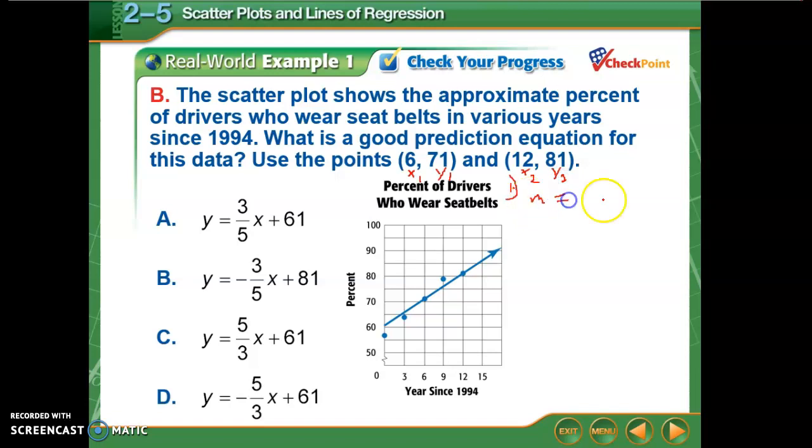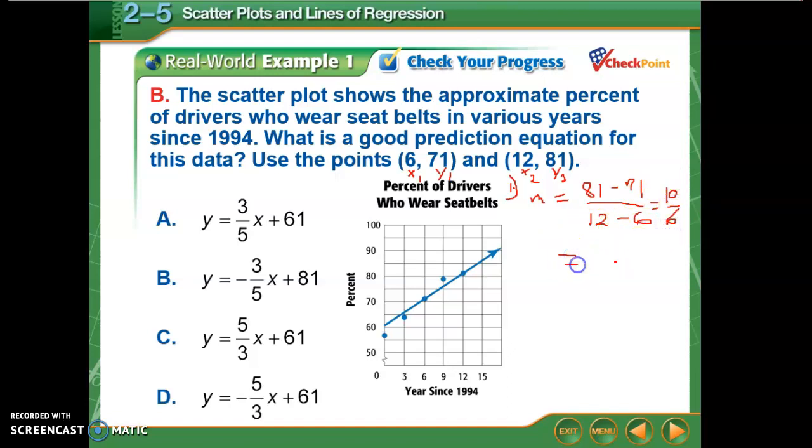So slope equals 81 minus 71 all over 12 minus 6. So you will get 81 minus 71 is 10 over 12 minus 6 is 6.